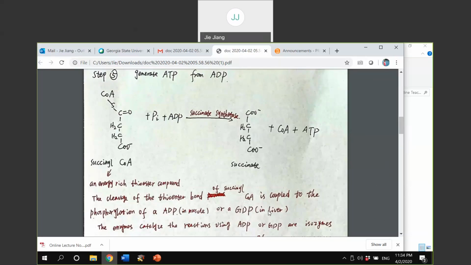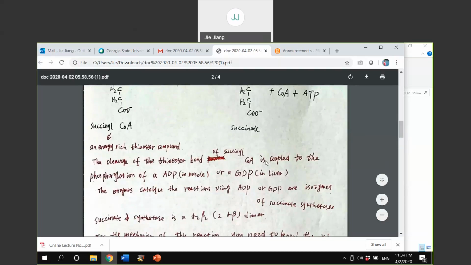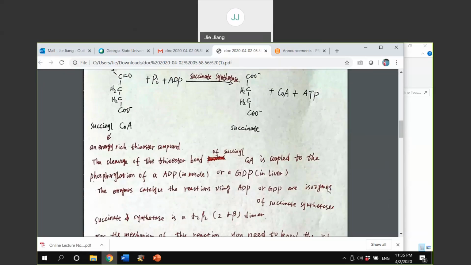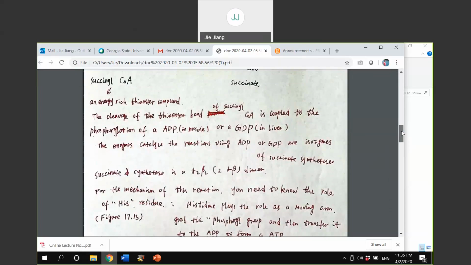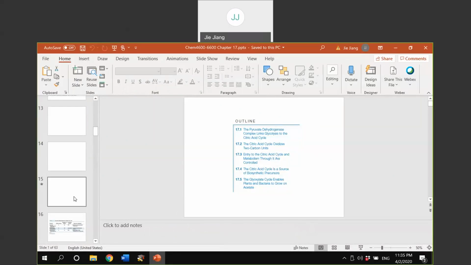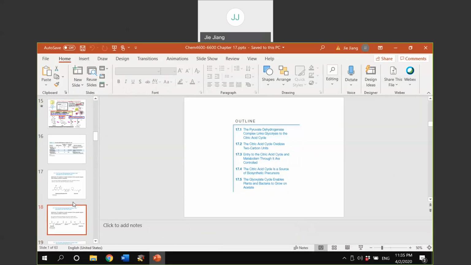If we use GDP, it will form GTP, which is another form of energy. The enzymes that catalyze the reaction using ADP or using GDP are isozymes. We learned before that they have the same function but are located in different organs. About this enzyme, we already said it's a dimer containing 2 alpha-beta subunits, and we do have mechanisms.